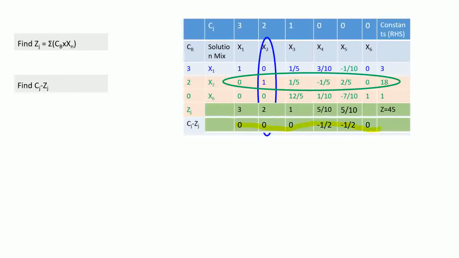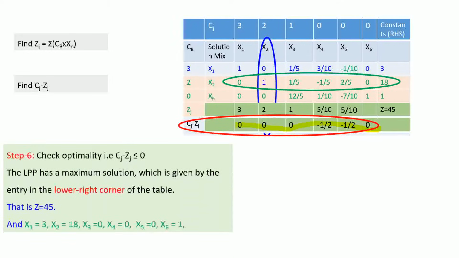So we get this, and then the next step is to check whether our solution is optimal or not. We check whether our last row is less than or equal to 0 or not. As you see, all the values are less than or equal to 0. That means there is no value which is greater than 0. So the linear programming problem has arrived at an optimal solution.